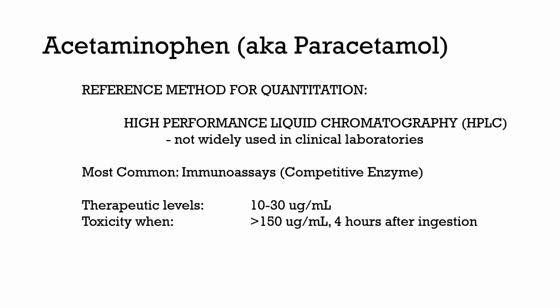So the most commonly used is the immunoassay through competitive enzyme. Competitive enzyme immunoassay is based on the competition between the drug in the sample and the drug labeled with the enzyme for antibody binding sites. When the activity of the enzyme decreases upon binding to the antibody, the drug concentration in the sample can be measured in terms of enzyme activity.